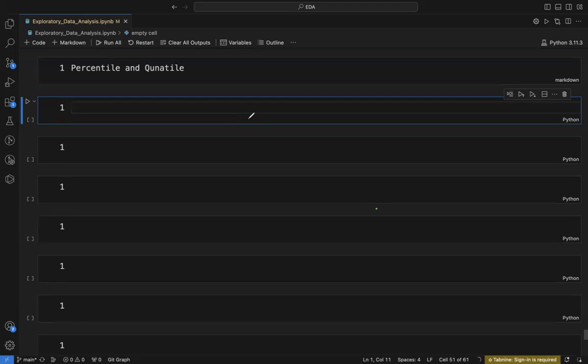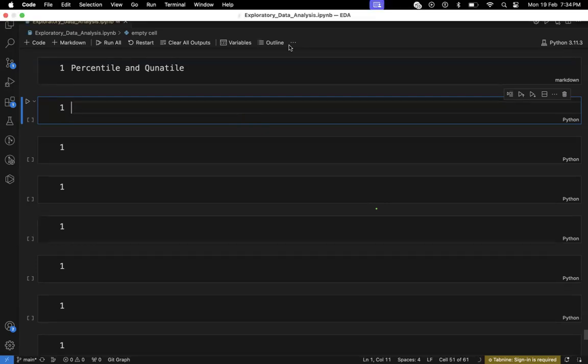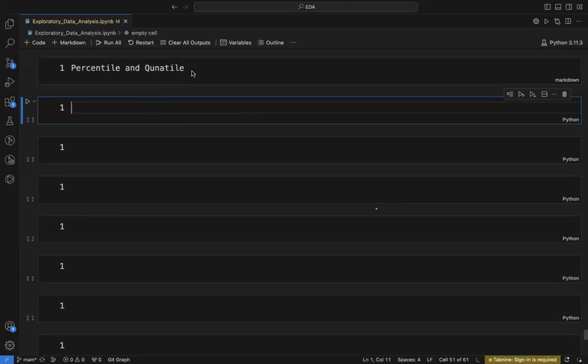So let's take an example here. Let's assume I have an array with hundreds of values. Let's say this is my array, and let's assume this array is a sorted array.